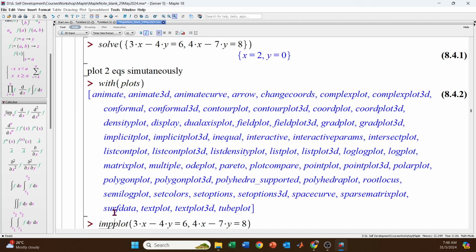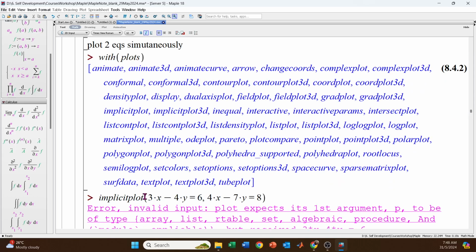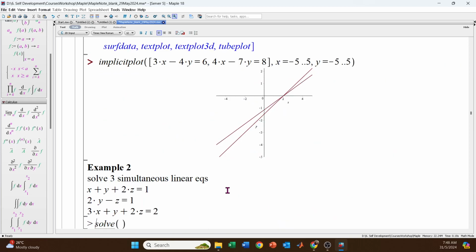Then this one I change to implicit plot. And then I want to plot 2 graphs simultaneously. Then like this. Implicit plot, you have x and y, so you must put the interval for x and y. Let's say x equal just simply put negative 5 dot dot 5, y, negative 5 dot dot 5. So if the range is not nice, then you just change it from here.